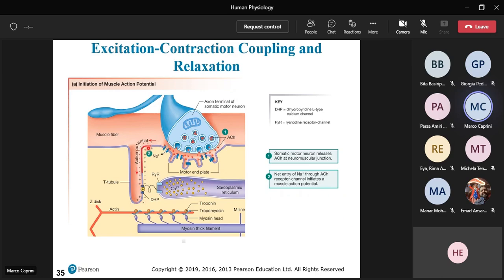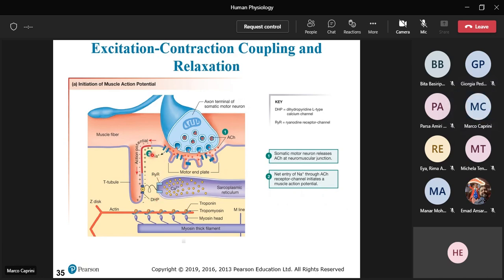And then potassium channels repolarize the cell, etc. At the end, this region, but also this region down, down, are depolarized because this is the sarcolemma. And in the T tubules, there are a lot of sodium voltage gated and potassium voltage gated ion channels. So they originate the action potential here.